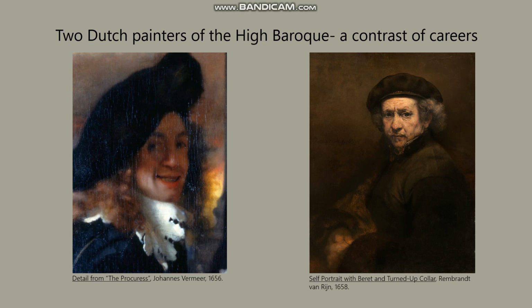And here I want to talk about two Dutch artists and two very different kinds of careers, but who represent some of the different possibilities of what was going on in Baroque painting, and also represent this more and more important local quality to Baroque painting, where local tastes and local traditions become more important.